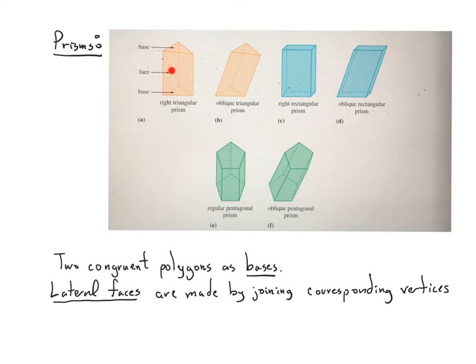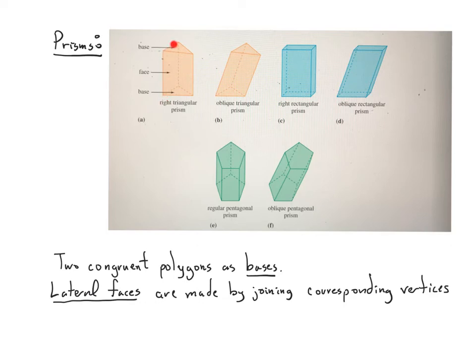And to get the other faces of our prism, so there's the left face, the right face, and the front face here. Well, we just take each corresponding vertex, the one that matches up in the top base with the one that's in the bottom base. I think that's pretty easy to see.